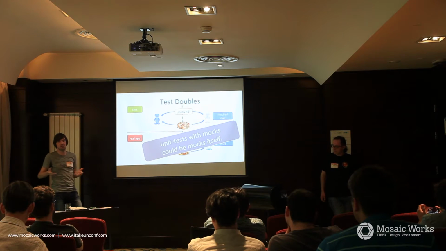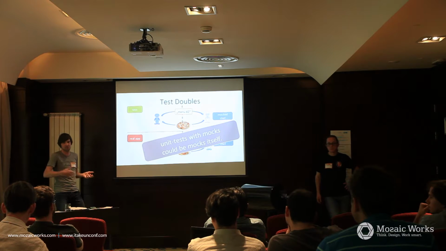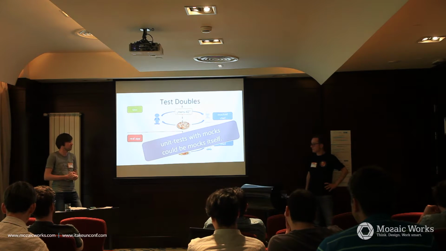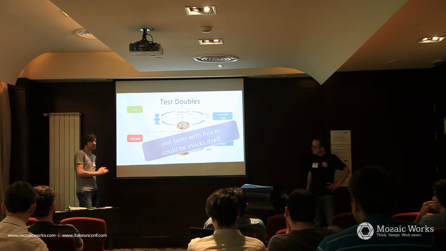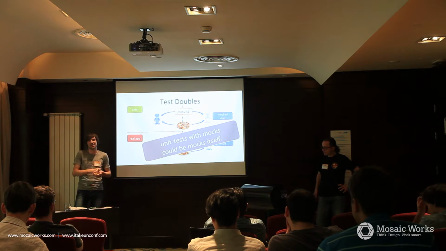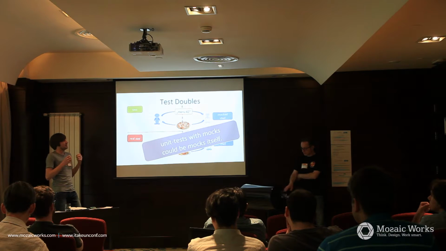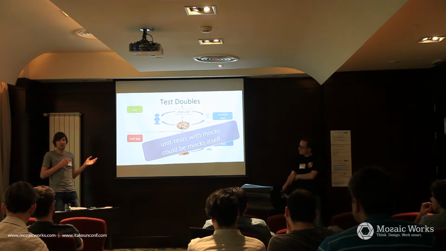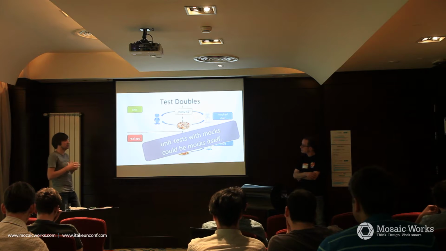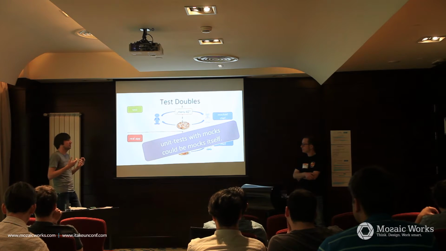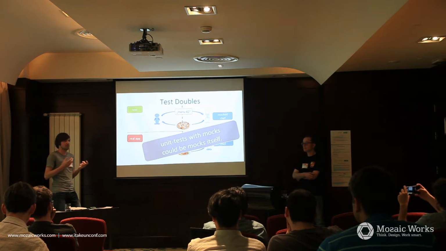Because now maybe he has to serve the plate with a spoon instead of a knife. So that's a problem. Unit tests with mocks can become mocks themselves. So what do I mean? They say everything is okay, everything is green, and we rely on it, but in reality the application is broken.